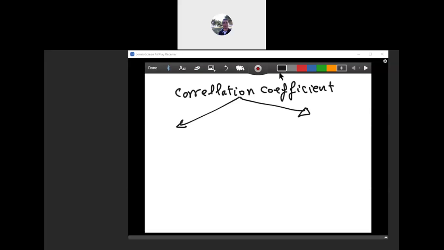When your variable is quantitative data, and when you have qualitative data. For quantitative, we go for Pearson or Spearman.